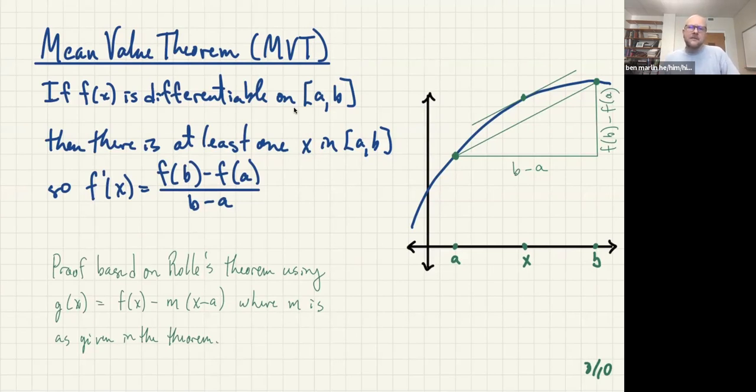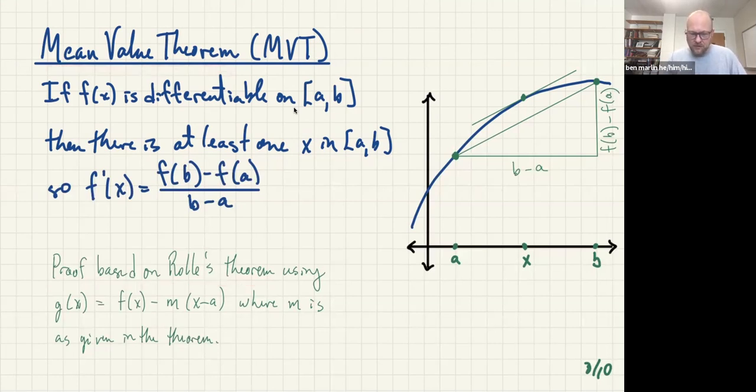So a lot of times people read this and put things together and say, oh, well, Rolle's theorem is just a special case of the mean value theorem. But the actual way that it was proved, I said that backwards, the proof of the mean value theorem was based on Rolle's theorem.